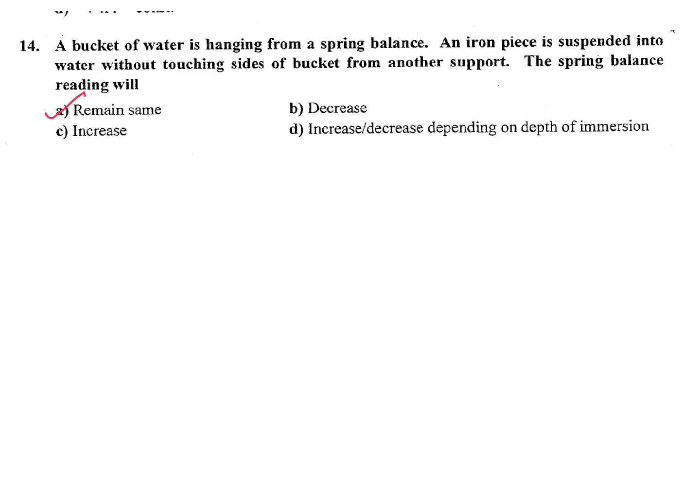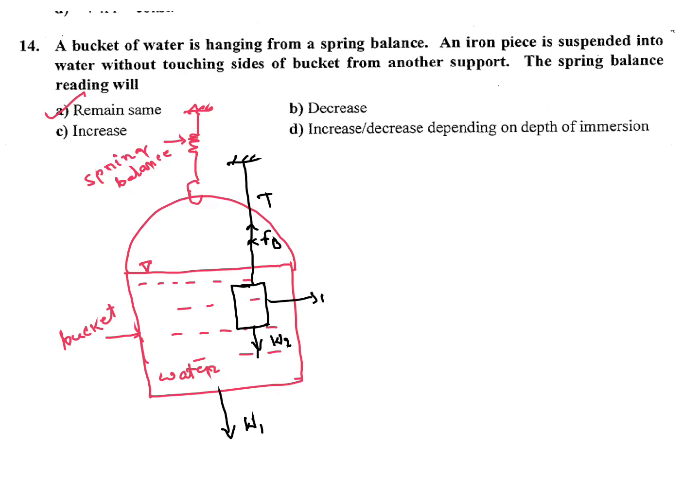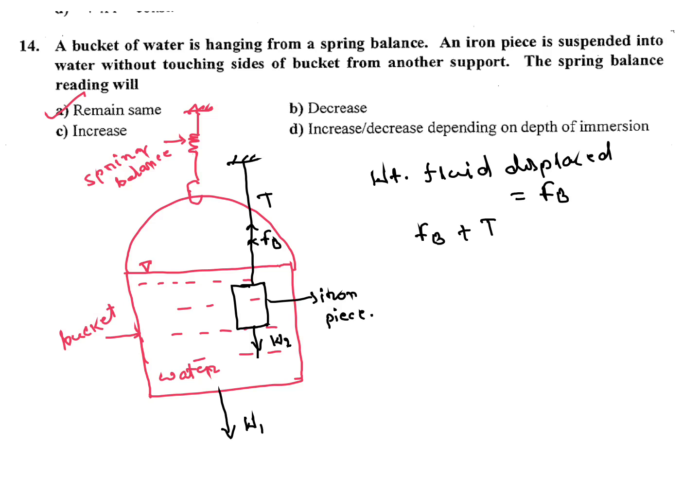First I will draw the diagram. This is the iron piece. When it is put into water, the weight of fluid displaced equals Fv, and Fv plus tension of the string equals weight of the iron piece.